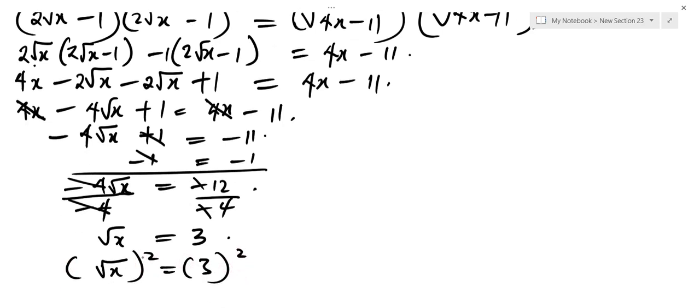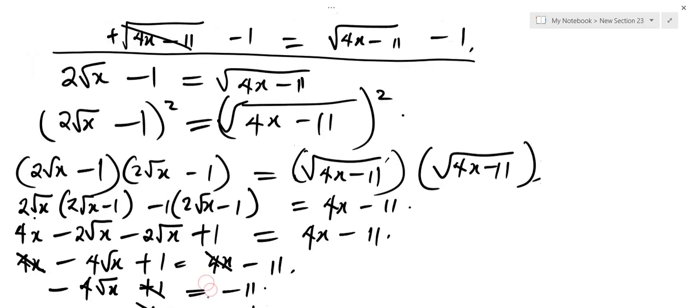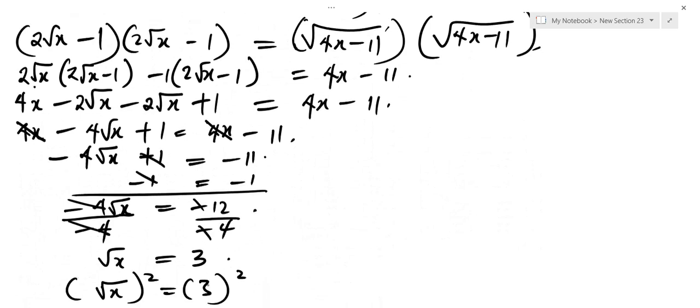So square root of x times square root of x will give you x, which is equal to 3 times 3, which is 9. This is the end of this exercise.